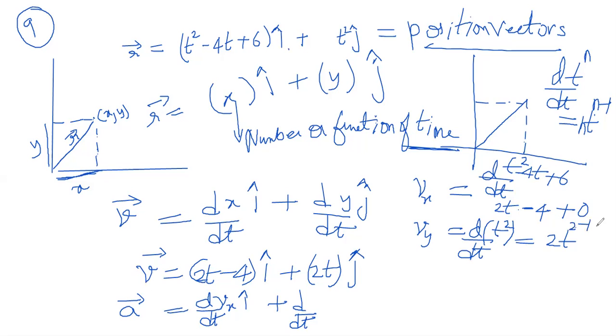Okay, sir. Then how did you understand this 2t? How did this 2t come? Because t square is there. 2t power 2 minus 1. And the derivative of time, dt by dt, is 1 anyway. The derivative of a constant is 0. Understood?